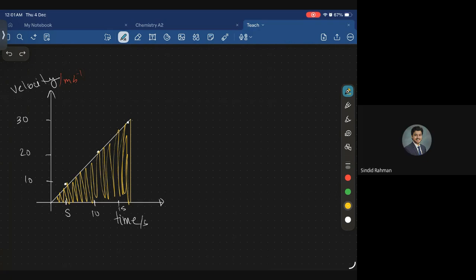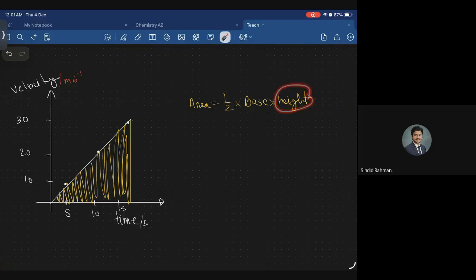Tell me the formula for finding the area of a triangle. Base times height divided by two. Or let's say half into base times height. Now, we can see that the height is the change in velocity, right?